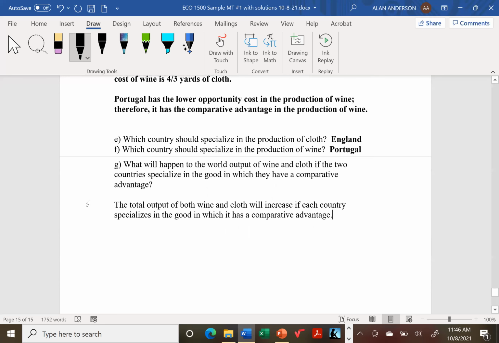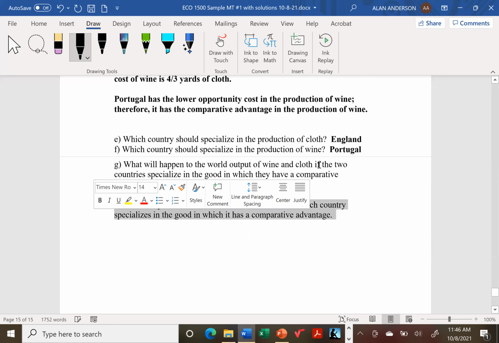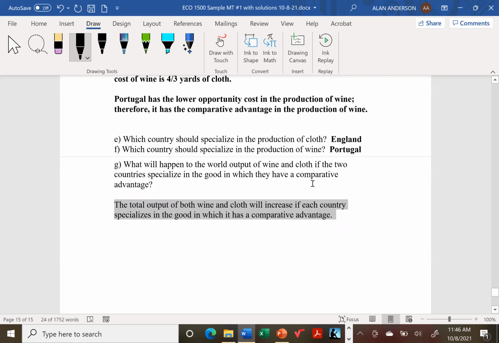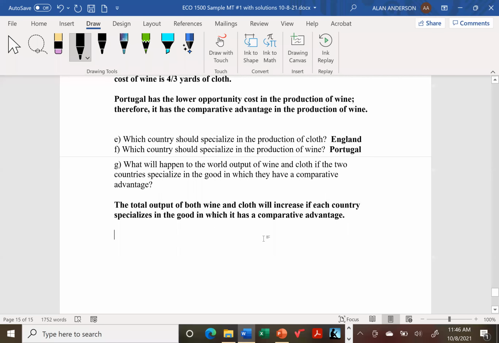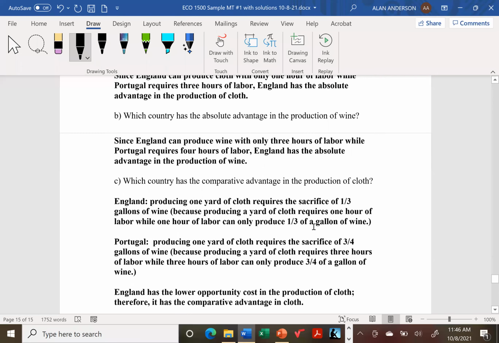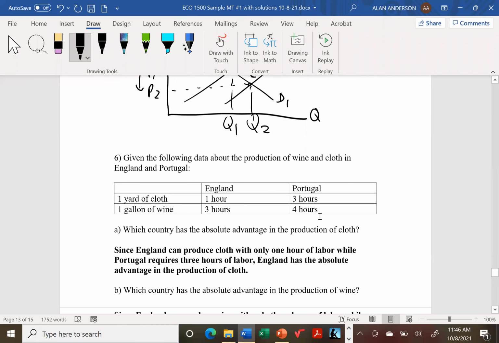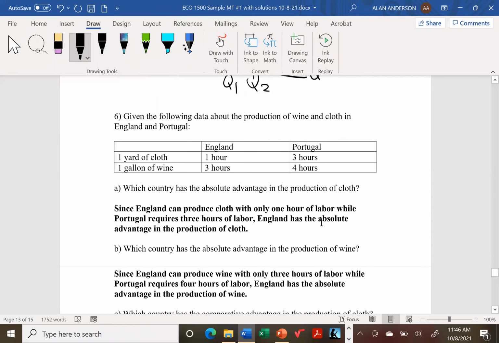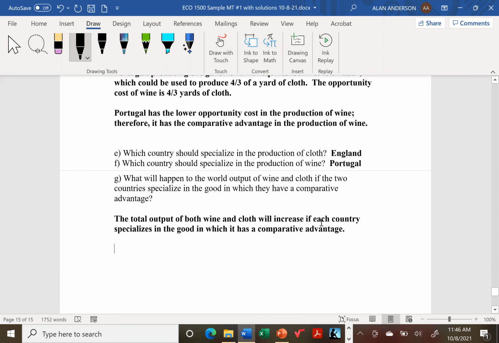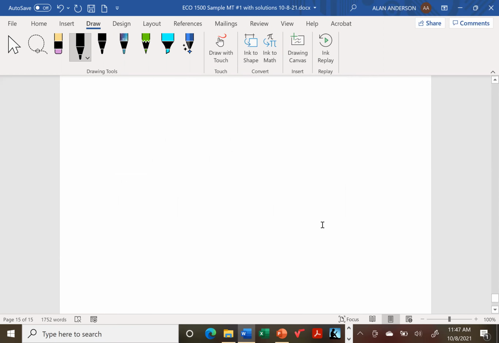All right. That's all you need to know. As long as one of them has a comparative advantage in each good, if they specialize in that good, the total output will increase. Now, if we knew how much labor each country had, we could figure out the exact amount, but we don't. So it's enough to note that we'll get more of both as a result of this.